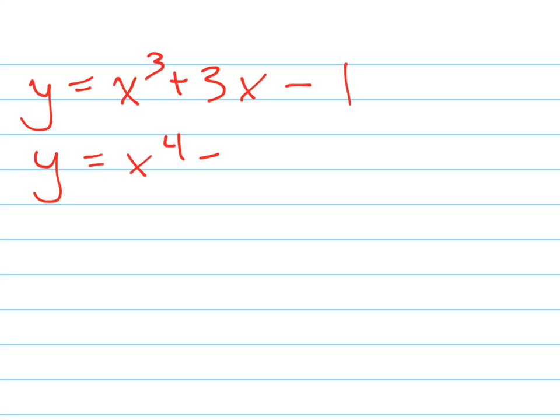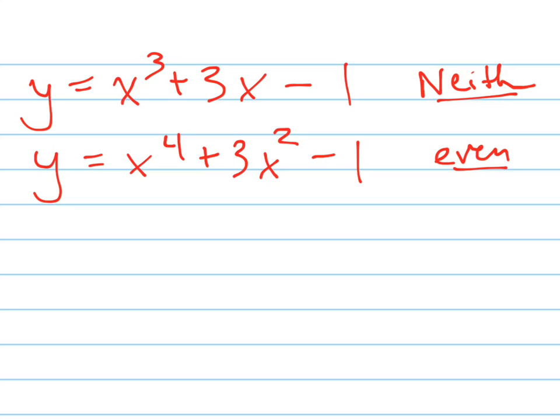One other quick thing about even and odd functions. If you have y equals x cubed plus 3x minus 1, or if you have y equals x to the fourth plus 3x squared minus 1, this first one is neither, and this one is even.